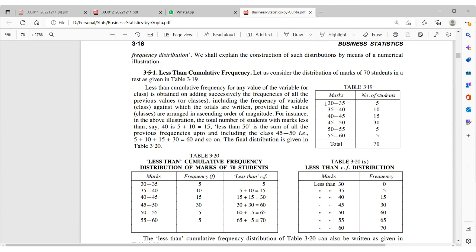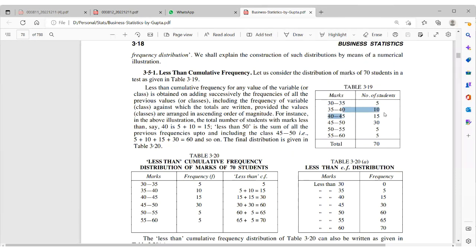And how many got less than 35? 5. Very good. How many got less than 40? 15. Is this clear? Because the marks start from 30, less than 30 is 0. Then less than 35 is 5.